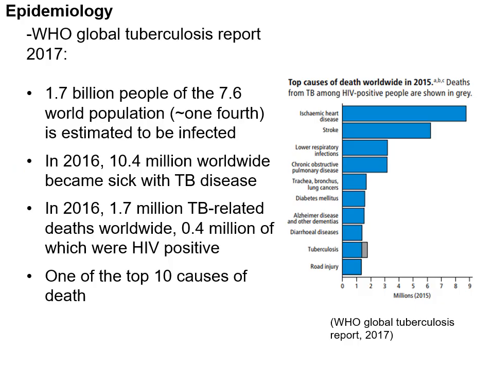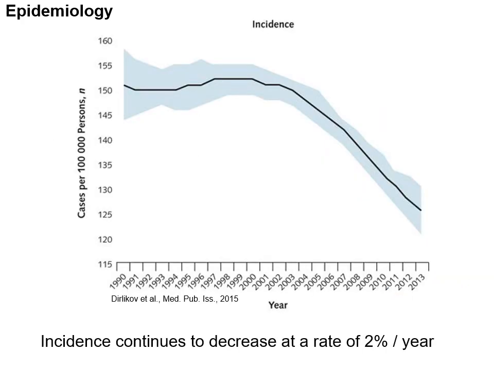A little bit about the epidemiology of tuberculosis. According to the 2017 numbers from the World Health Organization, the incidence of tuberculosis has been decreasing at a yearly rate of about 2%, and this is very likely due to improved hygienic measures as well as appropriate treatment administration.